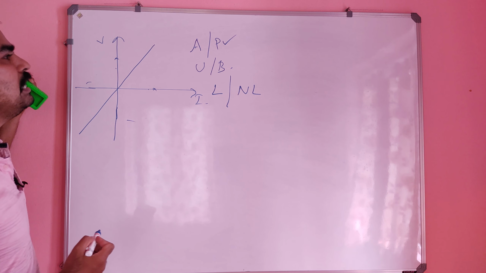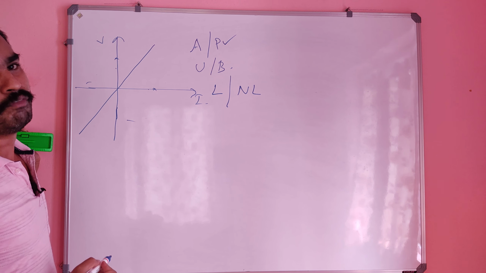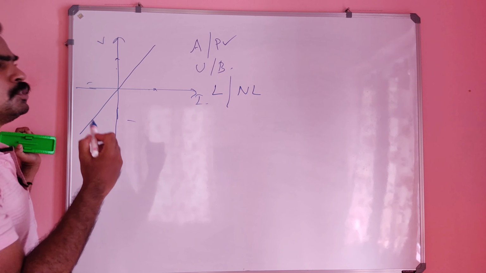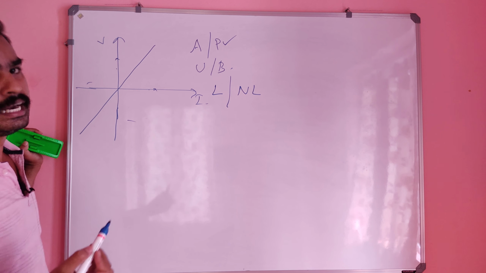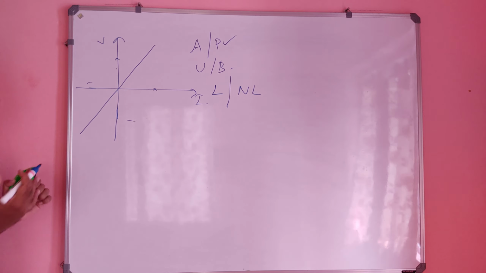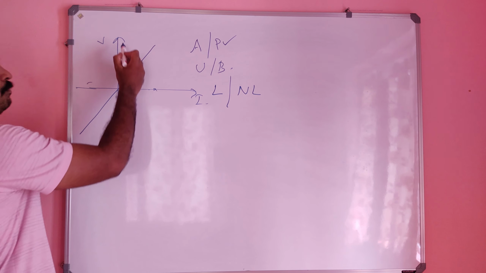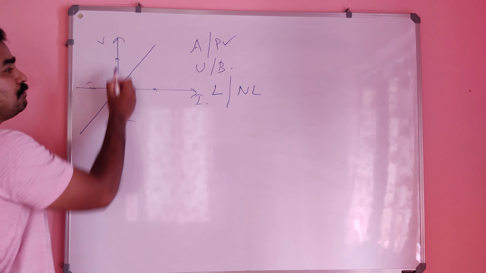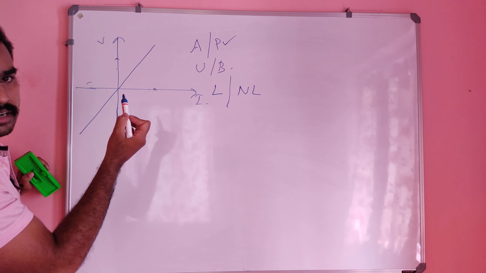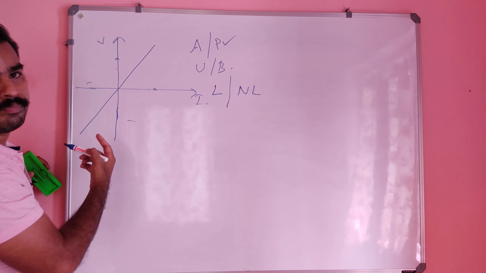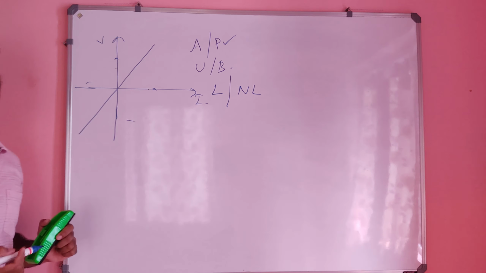And let's see whether it is unilateral or bilateral. That is very important. The trick to find a bilateral circuit from the graph: if the graph is similar in the opposite quadrant, that is the condition for bilateral.